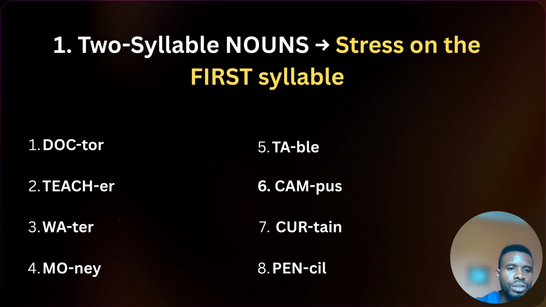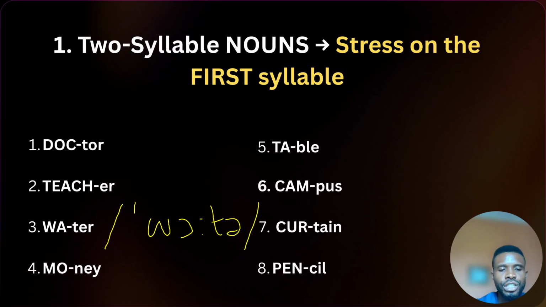So if you check a dictionary for the transcription of the word water, you'd see the mark there, then you see wo, and you see ter. So it shows that wo is pronounced louder, the first syllable there. So for two-syllable nouns, the stress is usually on the first syllable.